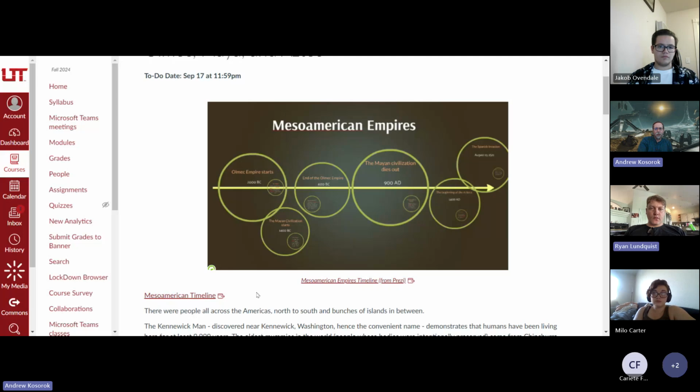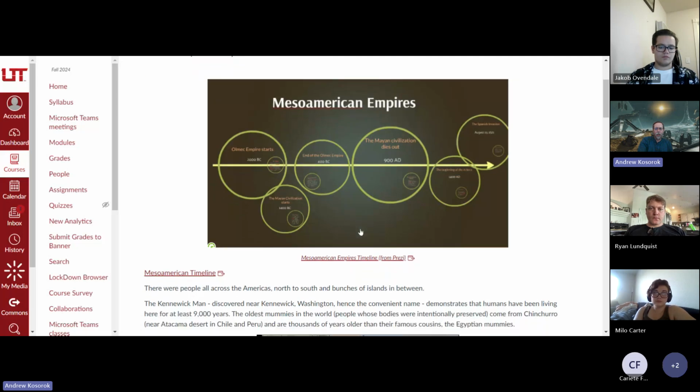This is not an accurate timeline, but it gives us an idea of perhaps how some of these Mesoamerican empires could have related. There are some other ideas too, like Olmecs are generally going to be northern South America, Central America.